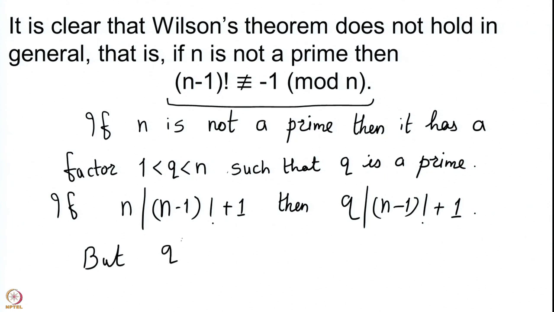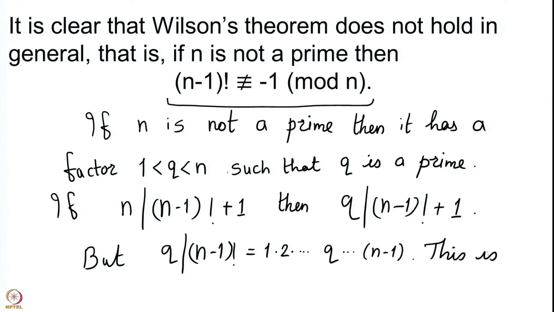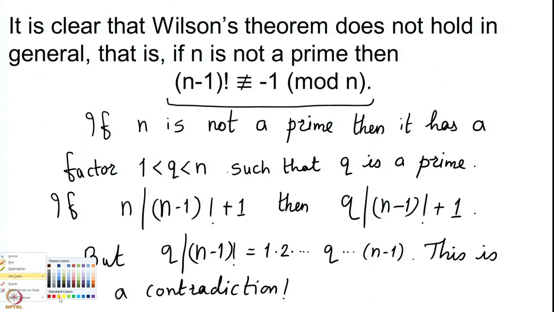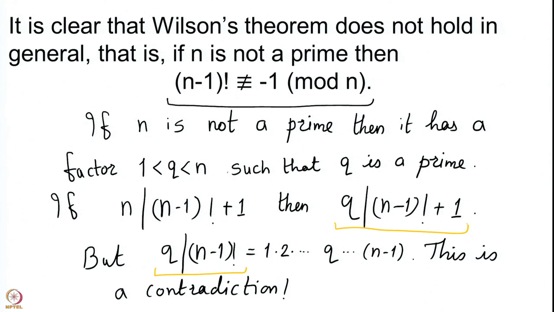So, you have that q also divides (n minus 1) factorial. This will be 1 into 2 into dot dot dot, somewhere q will have to appear, and then you go up to n minus 1, and this is the contradiction. You have that q divides (n minus 1) factorial and also that q divides (n minus 1) factorial plus 1, that cannot happen.